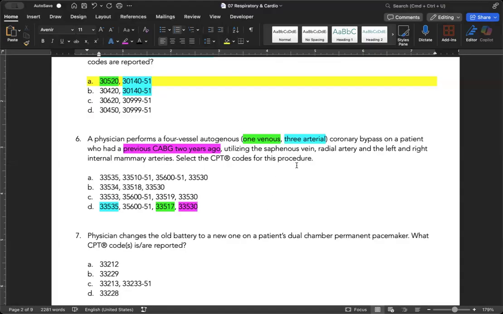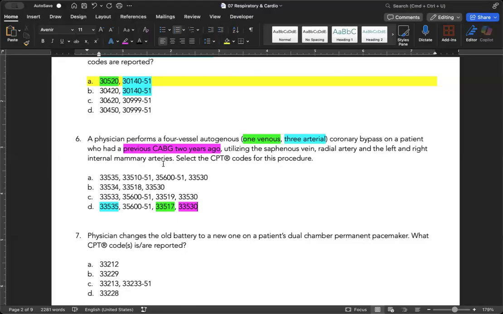So next, we have the saphenous vein, the radial artery, and then the left and right internal mammary arteries. Some of these are going to be included in our CABG procedure, and one of them is not. So if we go back to our guidelines, you can either look at the guidelines for the artery only or the vein only, and they're going to be the same guideline. But either way, it says procurement of the artery for grafting is included in the description of the work for 33533 through 33536.